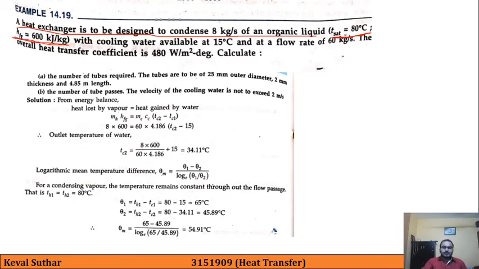So we are given mass flow rate of hot fluid, its temperature, and hfg, that is the enthalpy value, and the cold fluid is cooling water which is available at 15 degrees Celsius and at the flow rate of 60 kg per second.